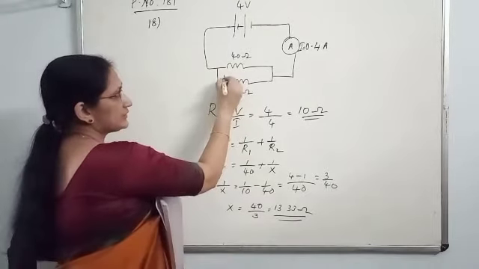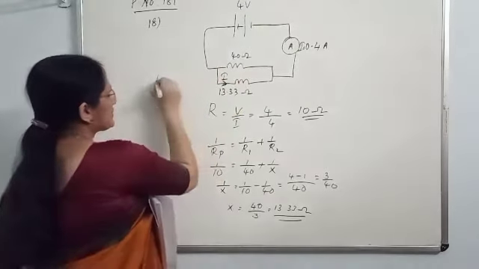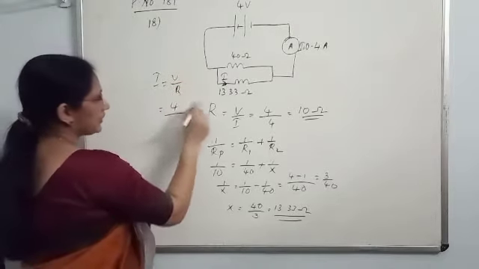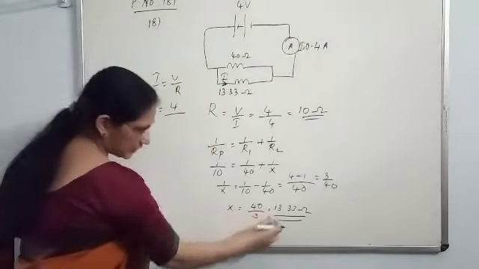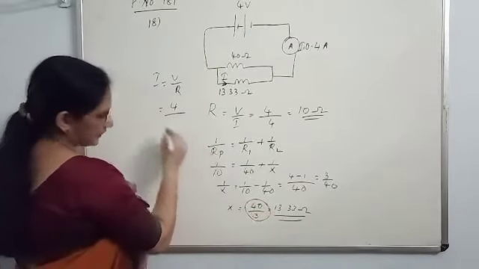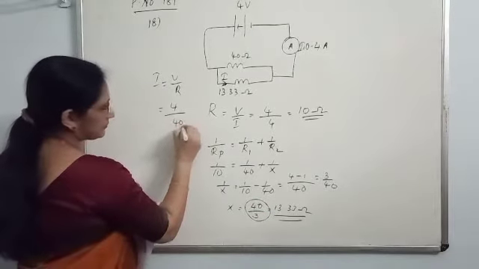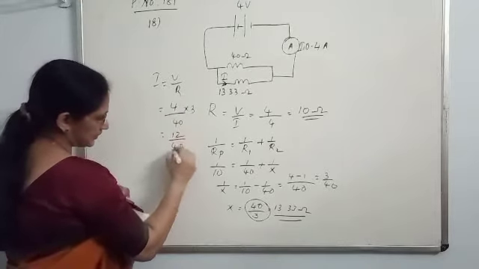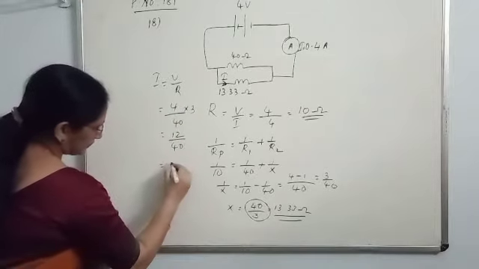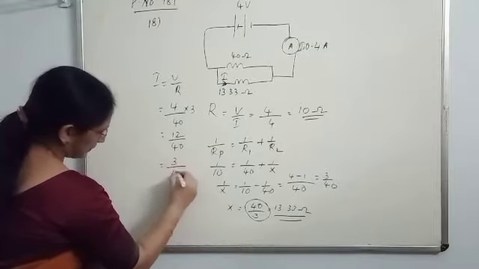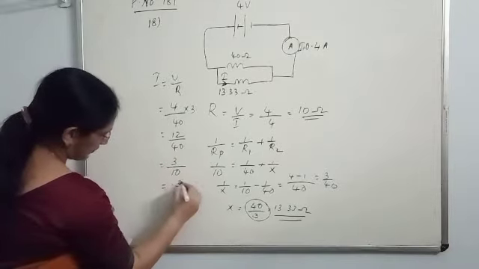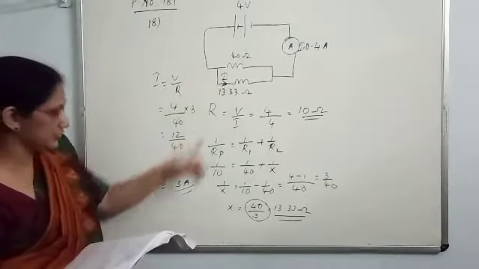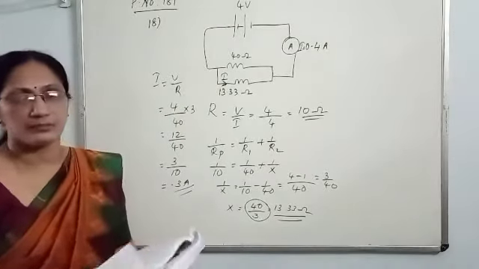So this branch current I is equal to V by R. V is 4, R is 13.33, or you may use 40 by 3. That gives 12 by 40, 3 by 10, that is 0.3 ampere. Current in this branch you will get as 0.3 ampere.